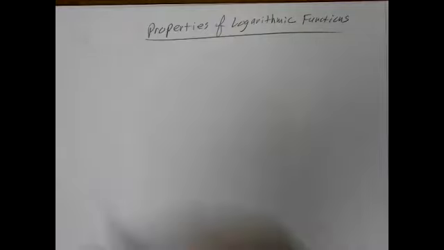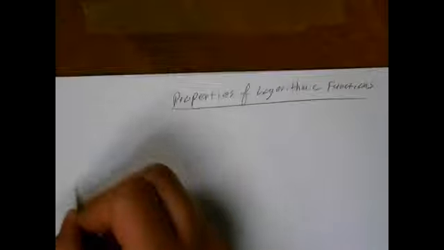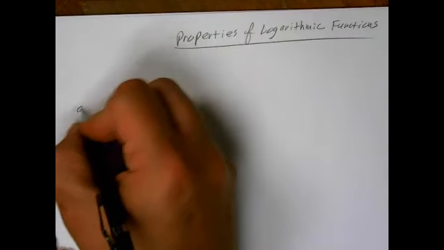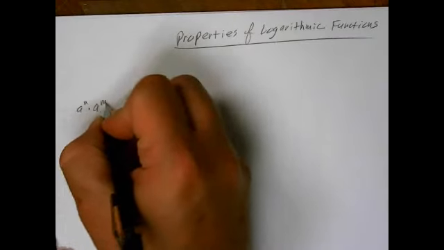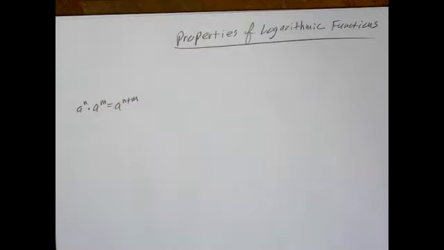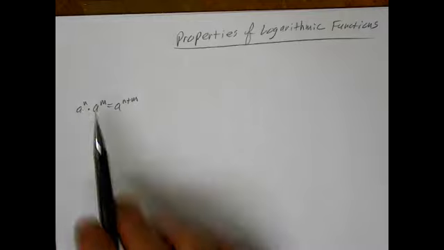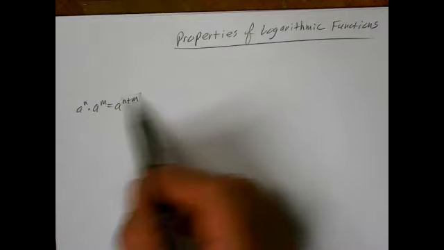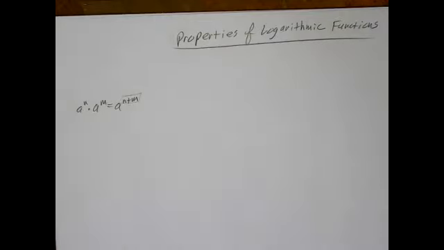All right. So, for example, from exponents, we know that a to the n times a to the m is a to the n plus m. In other words, when we're multiplying like bases, multiplication turns into addition of the exponents.